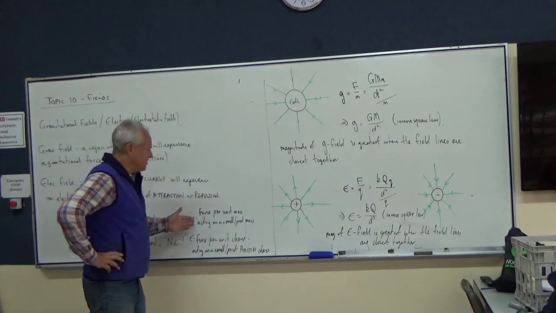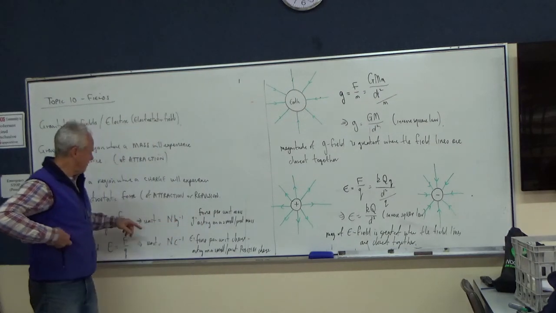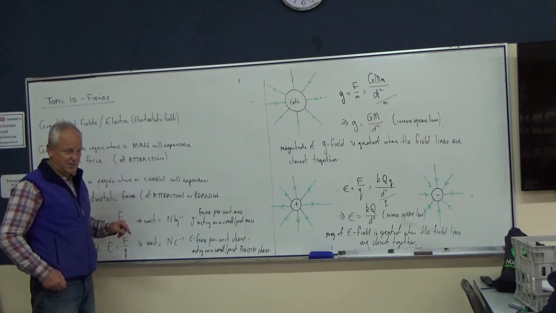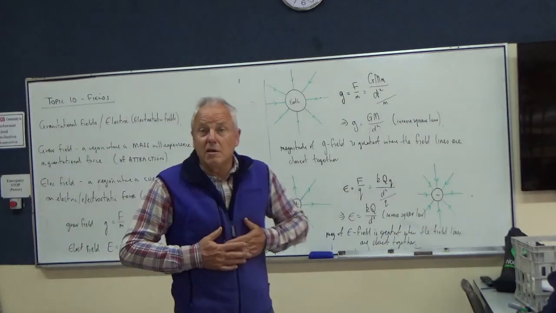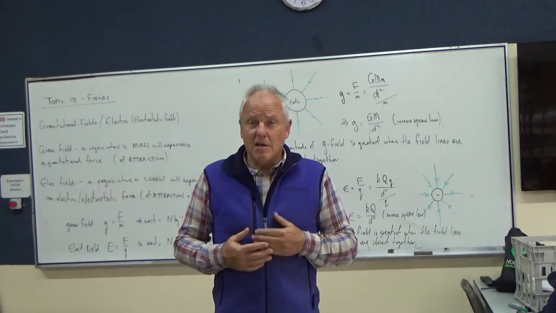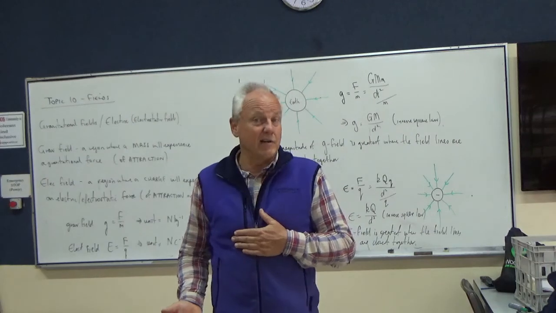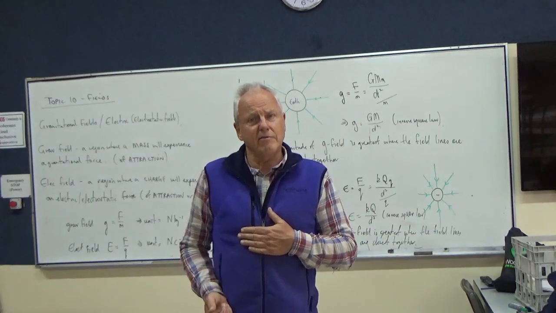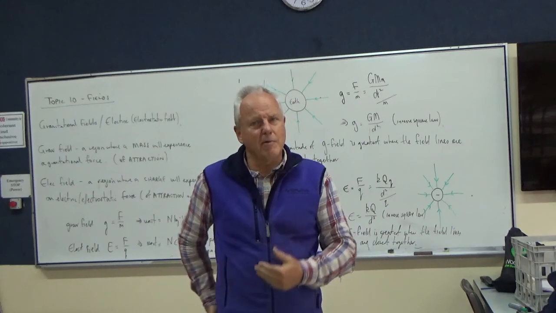So the gravitational field is defined as the force per unit mass, so force divided by mass. So, if I've got me, 90 kilograms, the weight force pulling down on me is 900 newtons. So the gravitational field is the force divided by the mass.